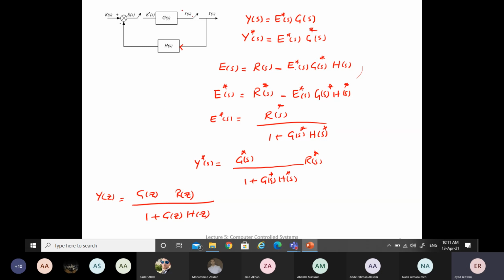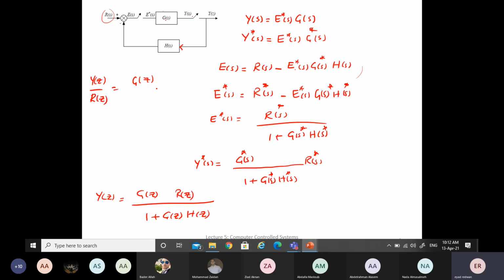So for this system, the pulse transfer function is the Z transform of the input times the Z transform of the forward gain over 1 plus the Z transform of the forward gain times the Z transform of the feedback. Notice the result: I can write a pulse transfer function in this form because there's a term of R of Z here.